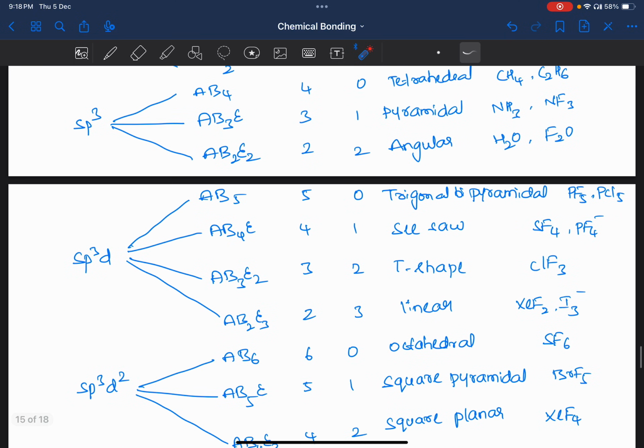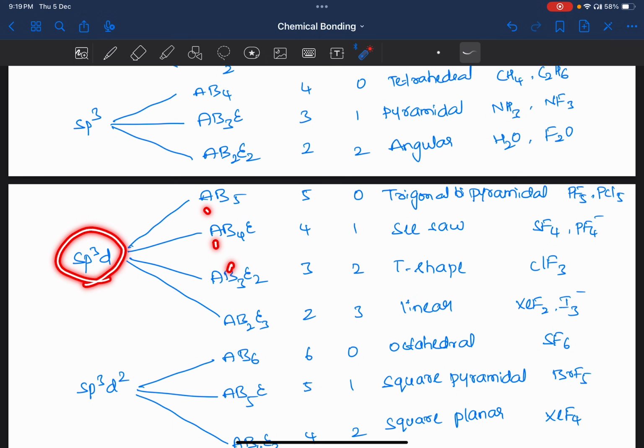And next, four different formulas are given for sp3d hybridization: AB5, AB4E, AB3E2, AB2E3. Here bond pairs plus lone pairs are 5 plus 0, 4 plus 1, 3 plus 2, 2 plus 3. In all these cases, the total number of electron pairs is 5 only.